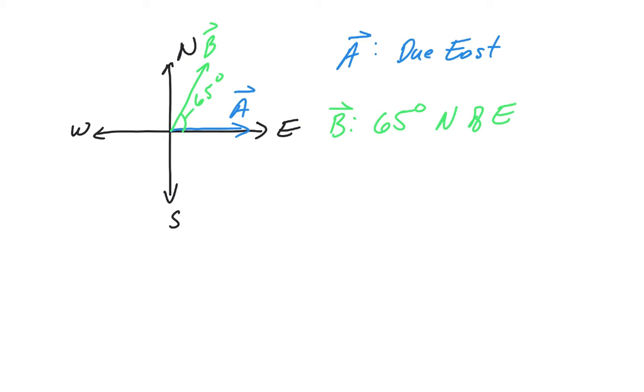Now, obviously, with an angle like that, we're always going to have angles between 0 and 90 degrees using this method. If that angle is 65 degrees, this angle right here is going to be 25 degrees.